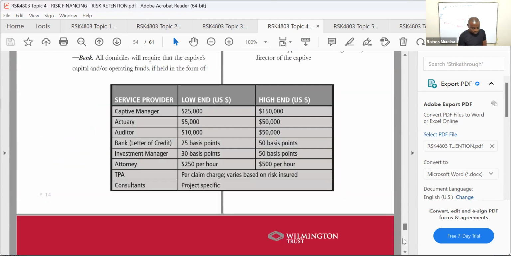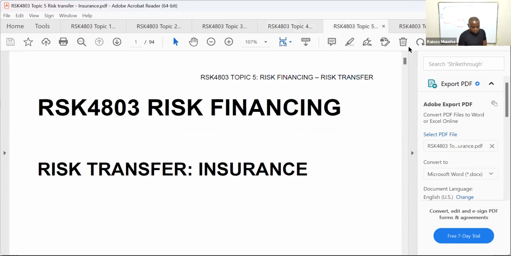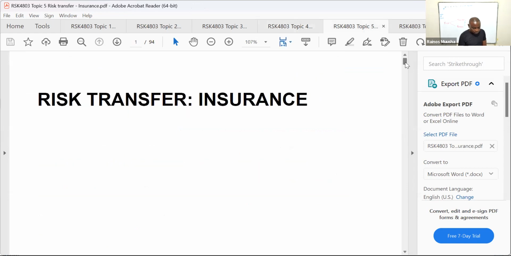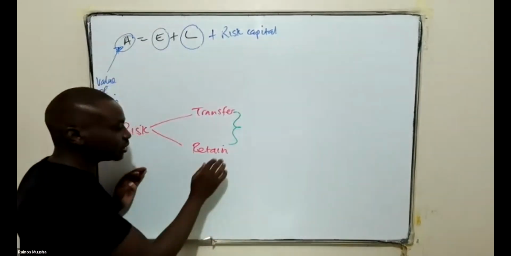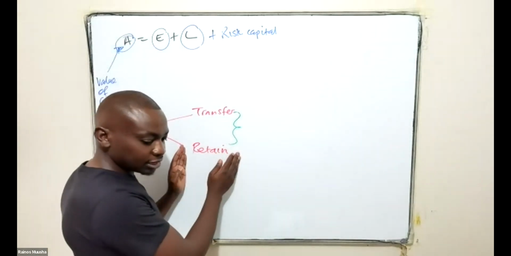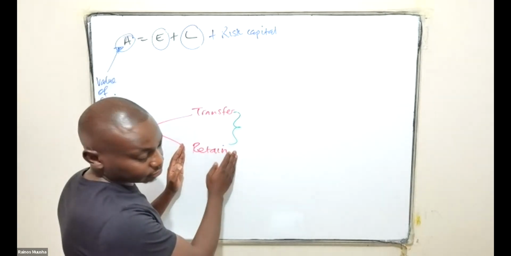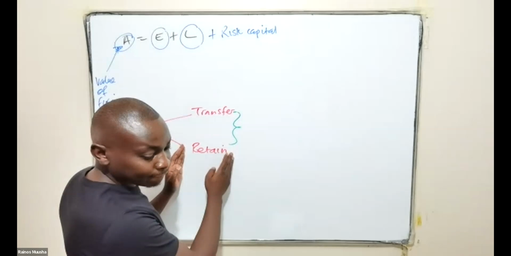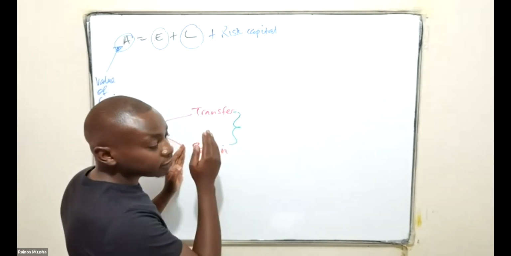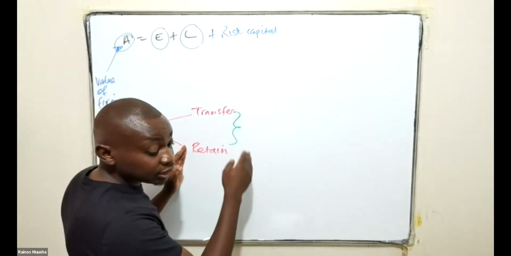So that's what you should expect from topic 4. Moving on to topic 5, you'll see that topic 5 looks at insurance. Remember we said when it comes to risk, in study unit 11, you are retaining the risk. That's what we're looking at in study unit 11. But before you say you want to retain the risk, we need to check, yes, you have a willingness to retain the risk, but do you also have the capacity to retain the risk?